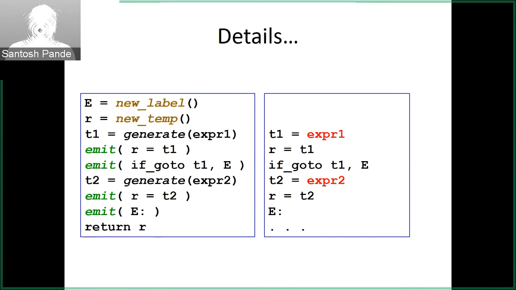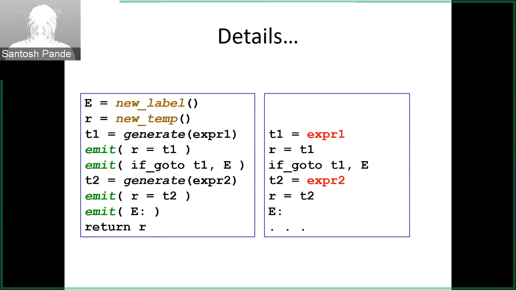You can see here that the part which has changed is of course checking whether T1 is true or not, and then branching straight out or falling through, evaluating T2 and so on. So this is the way this short circuit OR operation will work.